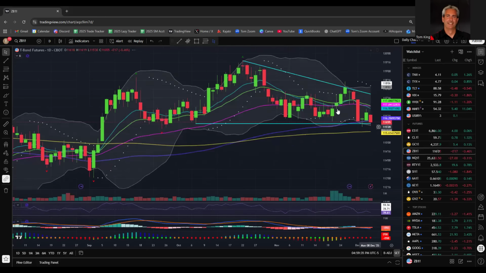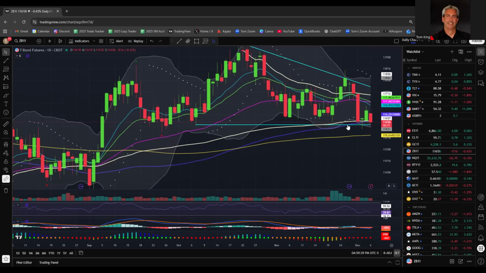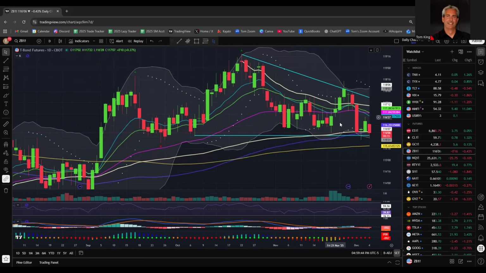And then bonds have been weak here. We're trying to hold on to this white anchored VWAP that you see on the screen. We're in a descending triangle, which is not the greatest, not showing a lot of strength, but because rates are up, you got some Japan carry trade fears going on. The long end of the curve is rising a bit, which is putting some pressure on bonds.